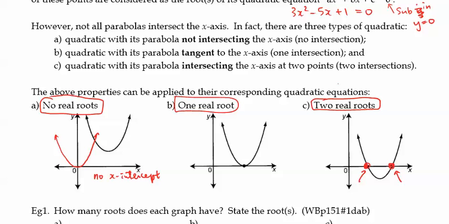Now, if you're not quite sure why they have the word real, this term actually came from the domain and range in grade 10, and the real number set.